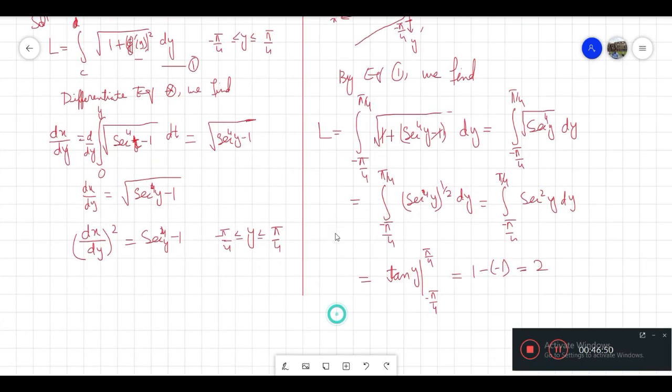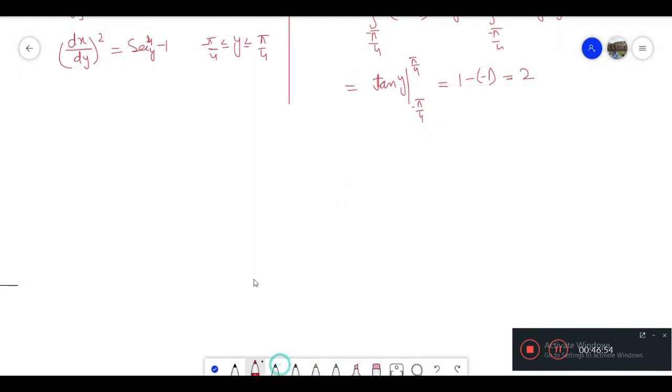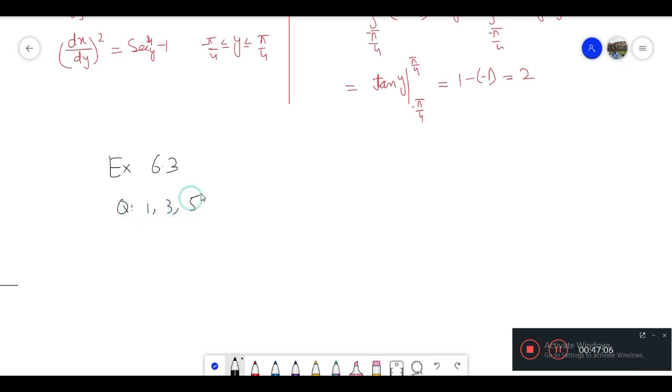Similarly, I would recommend you to solve some questions from the exercise. The questions are in exercise 6.3, question numbers 1, 3, 5, 7, 10, 12.